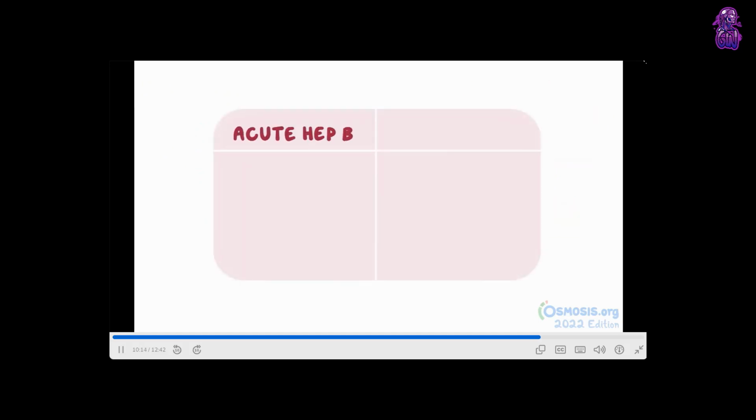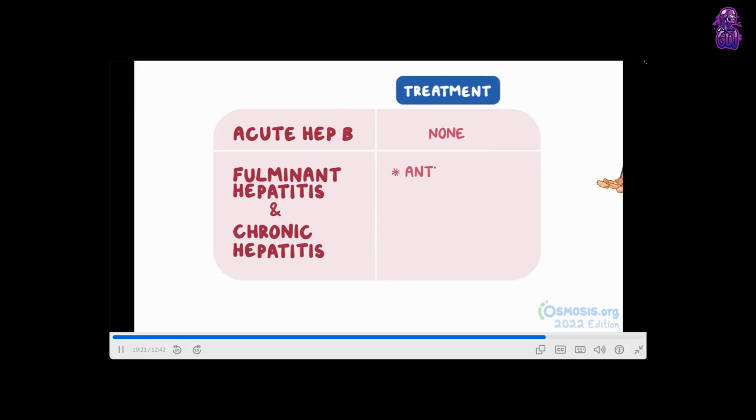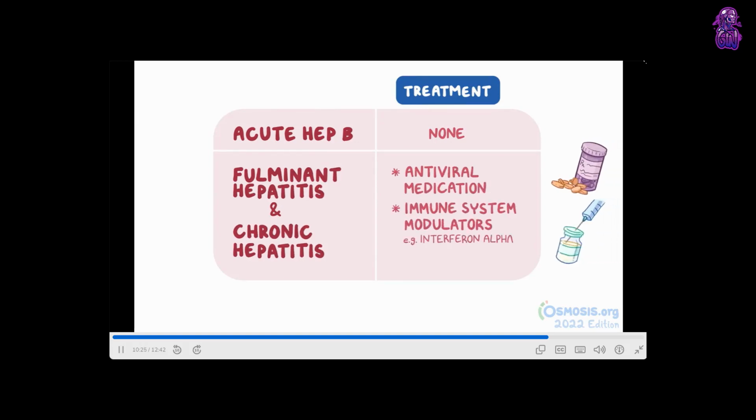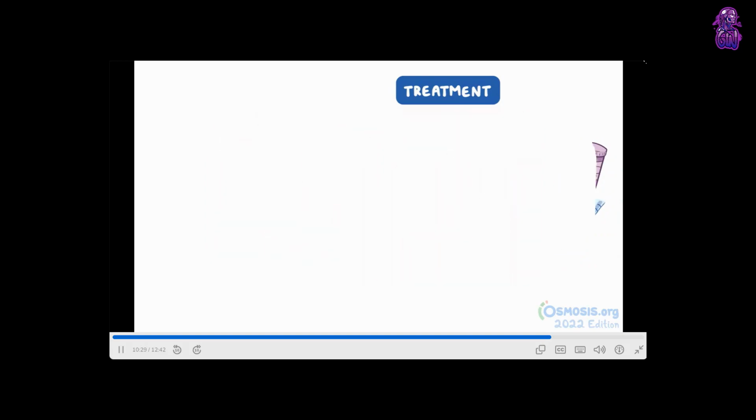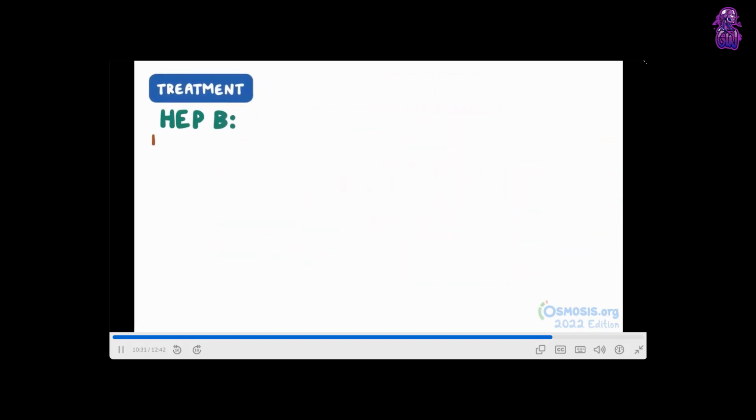Acute hepatitis B infection usually requires no treatment. Severe cases like fulminant hepatitis and chronic hepatitis are treated with antiviral medication and immune system modulators like interferon alpha and pegylated interferon. For hepatitis B, prevention is much more important. Screening of donated blood for hepatitis B is done to prevent the spread of the virus.